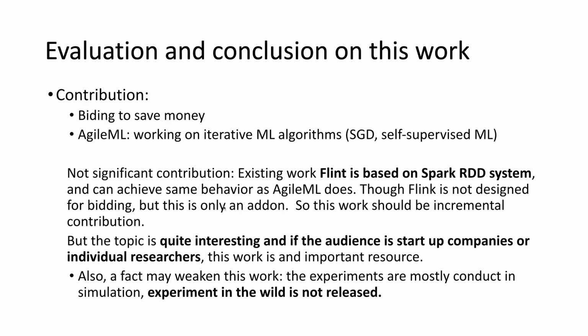But there are also existing works like Flink, so this work is more like lighting up bidding strategies on it. Though they take relatively different frameworks, we can see this work as an incremental contribution. But given the paper was published in 2017, individual users might be very interested in it, so the audience is quite wide.